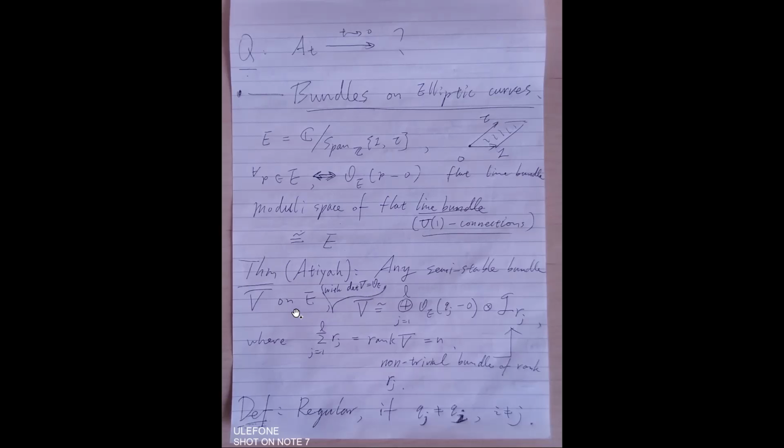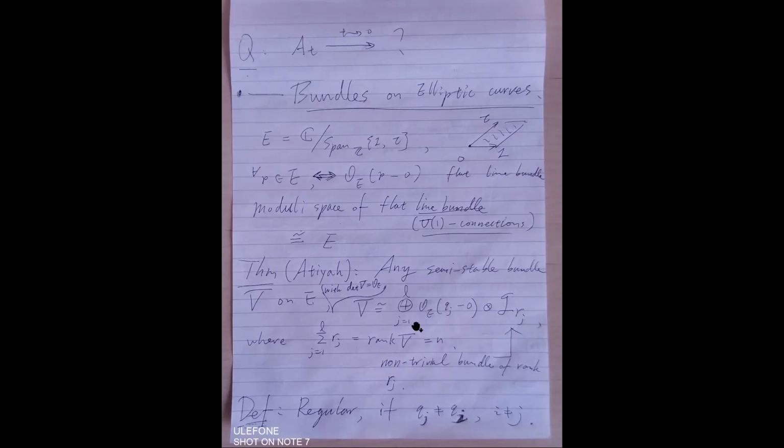Semi-stable means holomorphic, and then we take the determinant bundle to be trivial. And this bundle always looks something like this. It's the sum of a bunch of these flat bundles tensor non-trivial bundles of rank R_j. And we take this R_j, take the sum together, which is the rank of this bundle.